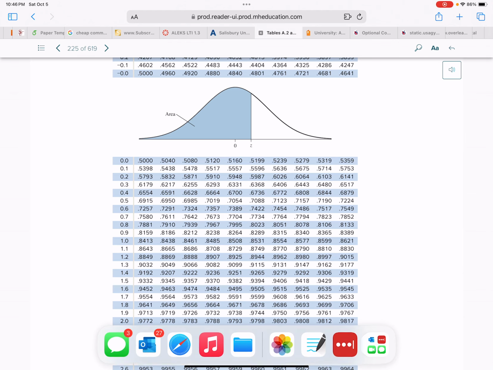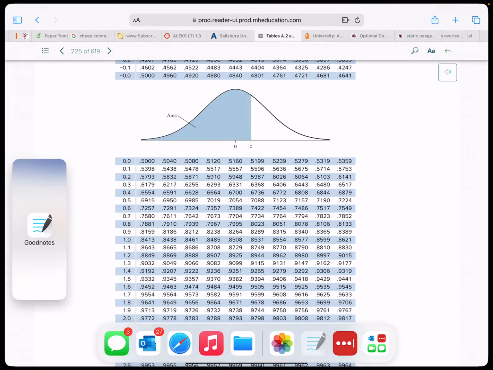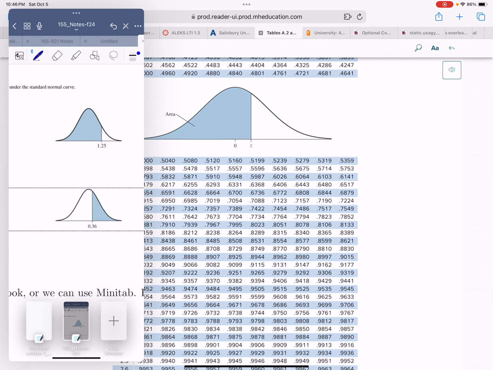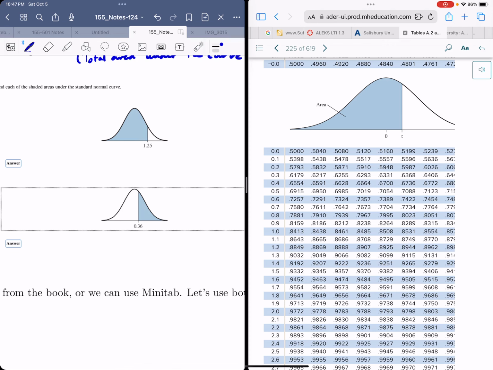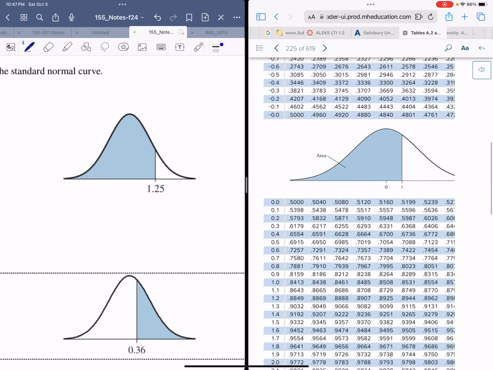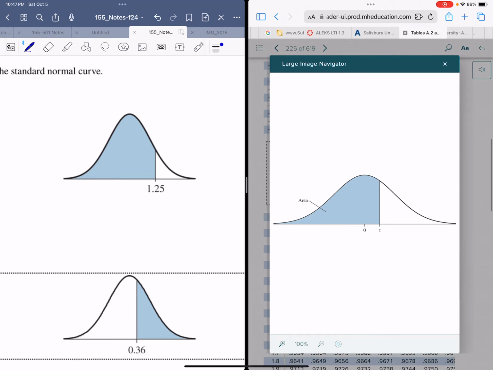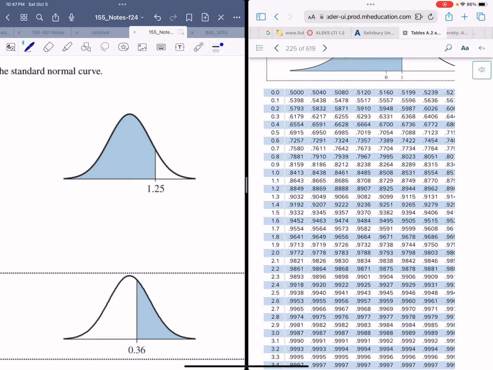So if we look at our notes, I just put them over here real quick. There we go. So you see that this is a standard normal curve. We've got a z-score of 1.25, and we want to know how much area is to the left of that. Note that we have a corresponding picture right here. So what we do is we want to find the z-score 1.25.